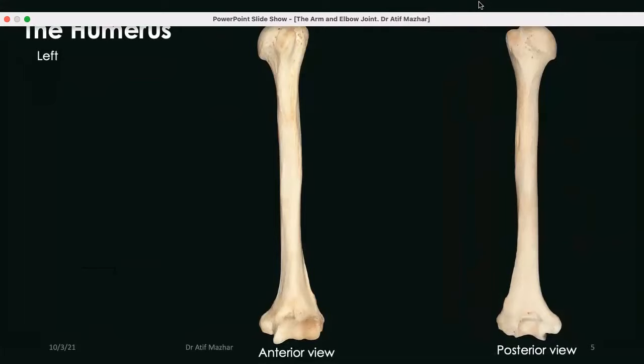So I think it is fine now. So we are looking at a humerus, and this is the long bone, the longest bone in my upper limb. Longest, strongest.